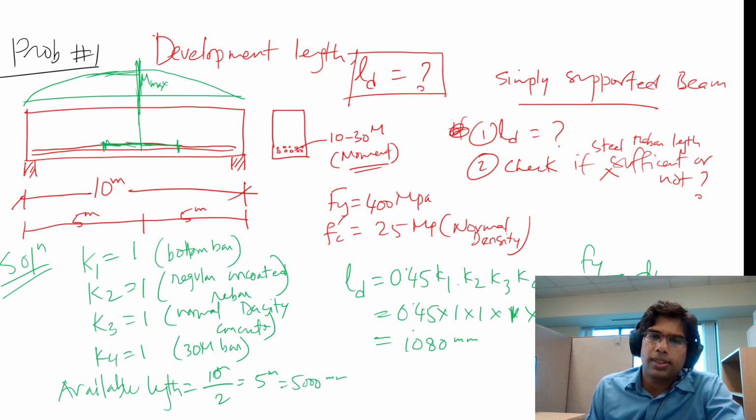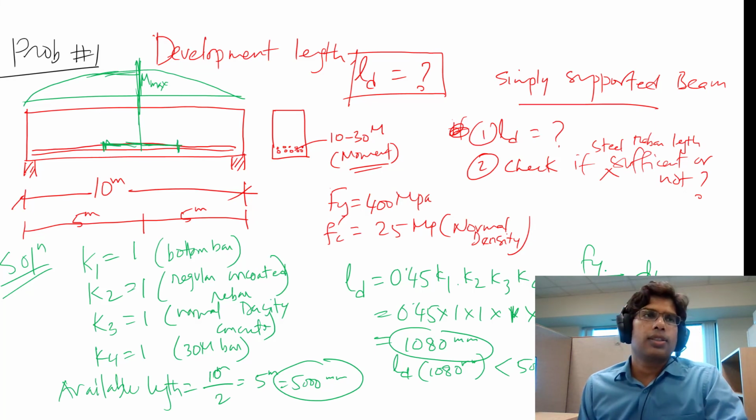Now if you compare this number and this number, you can say LD, which is 1080 millimeters required, is less than the 5000 millimeters of the beam span. So that means if you provide the steel rebar all the way to the end, then it is sufficient.